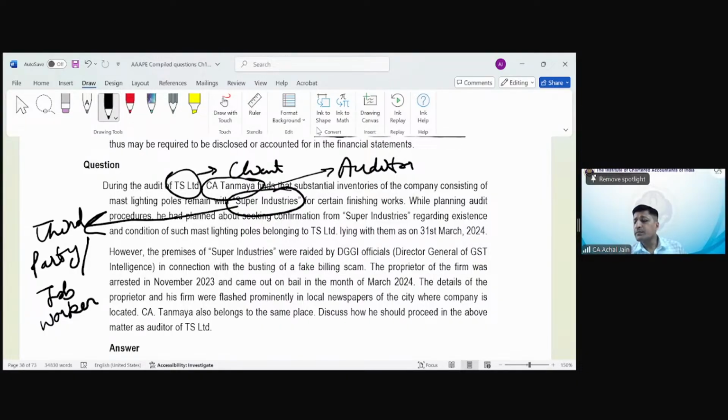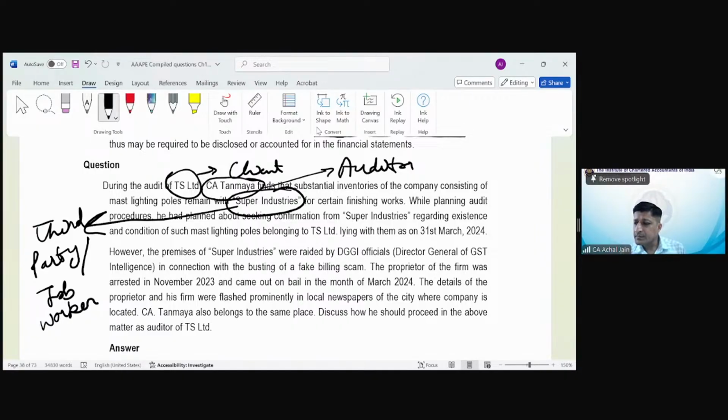You can go ahead now. Now that third party's premises were raided by the DGA officials, that is a fake billing scam. Now it's a question that the details are published. CA Tanmay also belongs to the same place.